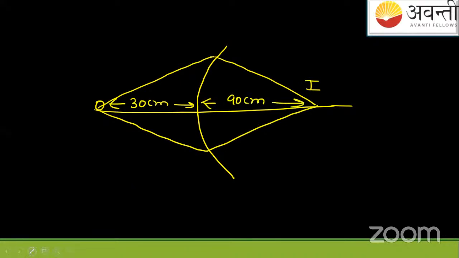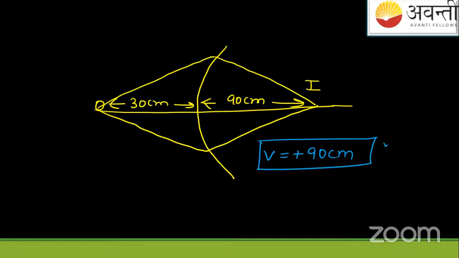This is V. V will be plus 90 centimeters. Okay, this is the final conclusion of the solution of this question. Fine, students. Let us move towards the next question now.